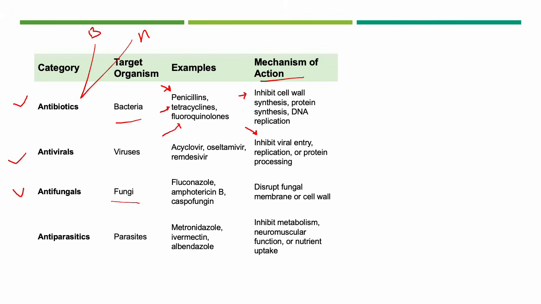So, what would be the mechanism of action here? For example, disrupting the cell membrane integrity with drugs like fluconazole. We also have antifungals that inhibit cell wall synthesis. We have antifungals that block nucleic acid synthesis.